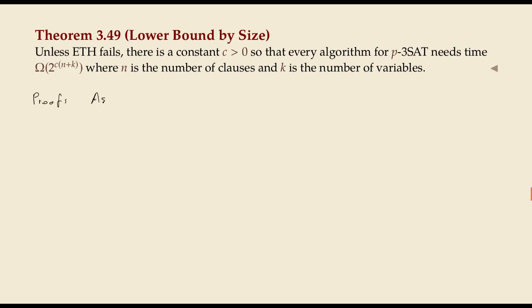So for the proof, we assume that such an algorithm exists, and we will show that then we will find an algorithm that ETH says does not exist. Therefore, we will show that it's not true, and then the converse gives us the statement.